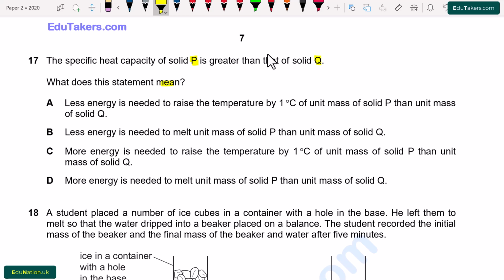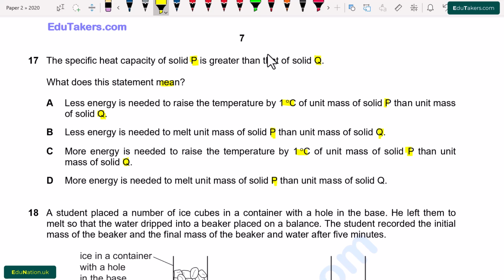Option A. Less energy is needed to raise the temperature by 1 degree C of unit mass of solid P than unit mass of solid Q. B. Less energy is needed to melt unit mass of the solid P than unit mass of the solid Q. C. More energy is needed to raise the temperature by 1 degree C of unit mass of solid P than unit mass of solid Q. D. More energy is needed to melt unit mass of the solid P than the unit mass of solid Q.